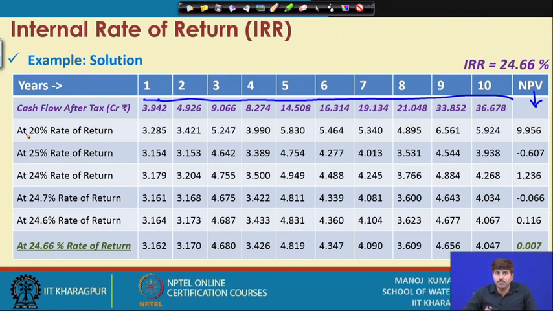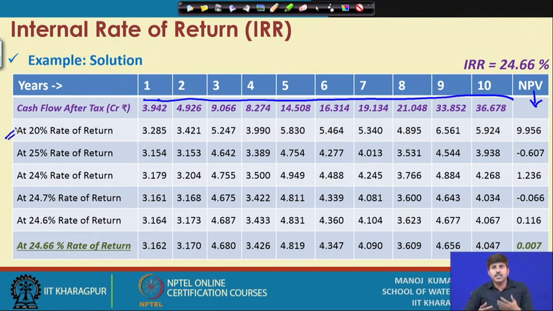That is a very high positive value. So, that means we can use a higher rate of return so that the NPV becomes less and less. So, let us start with a 20% rate of return.